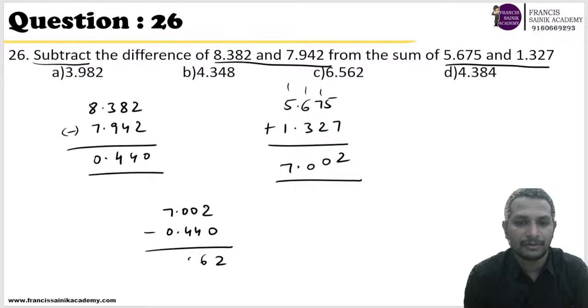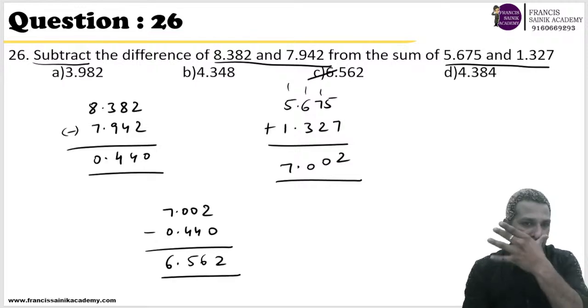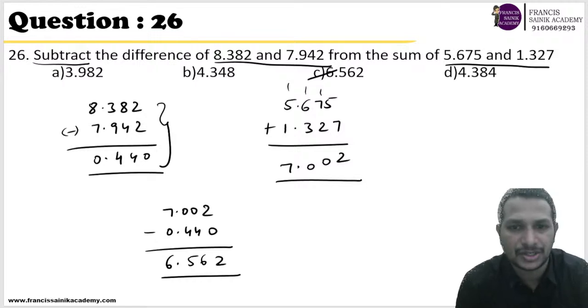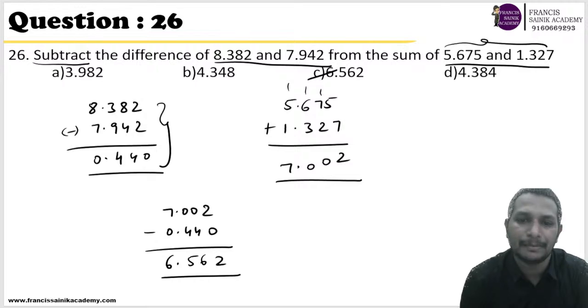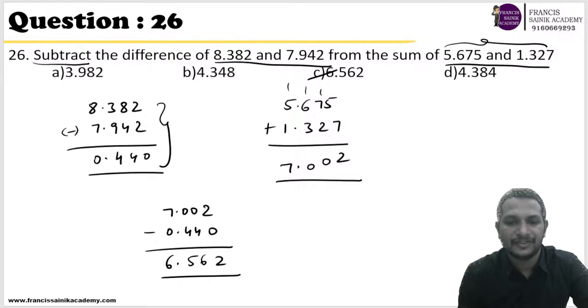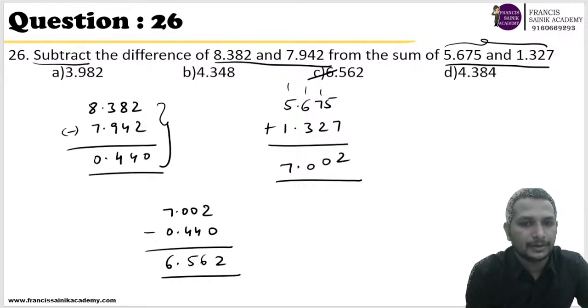Like the difference of the first two, subtraction of the first two, and sum of the last two. Add them. The answers we got, finally we subtract. Okay, the answer is option C.